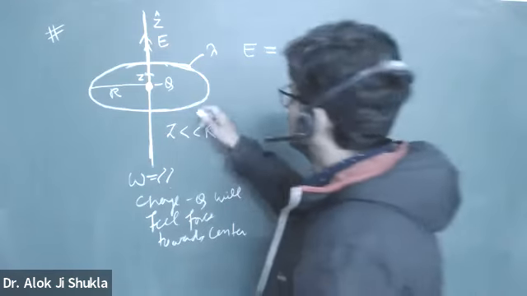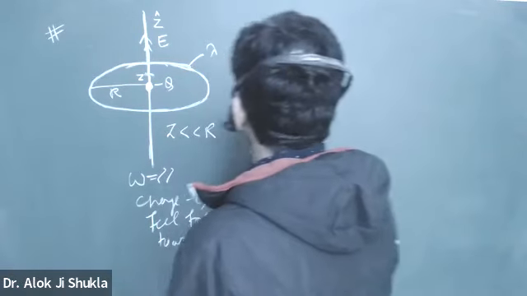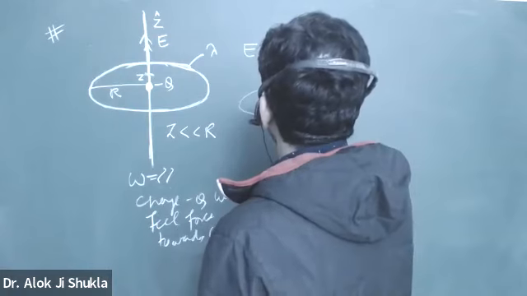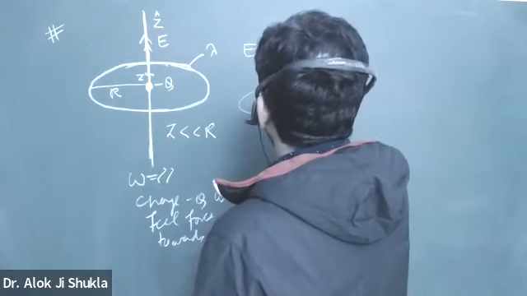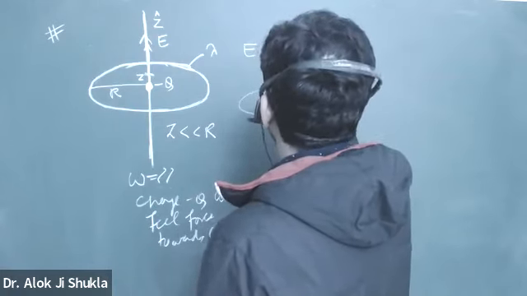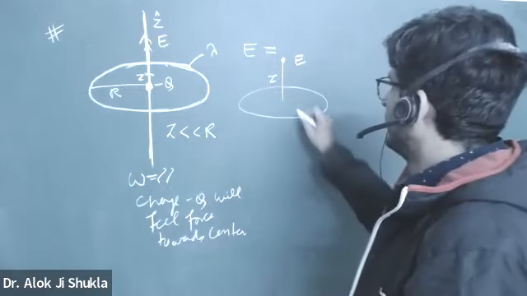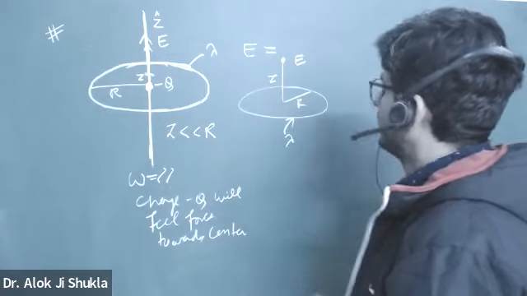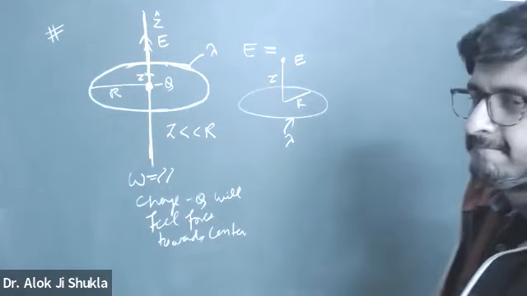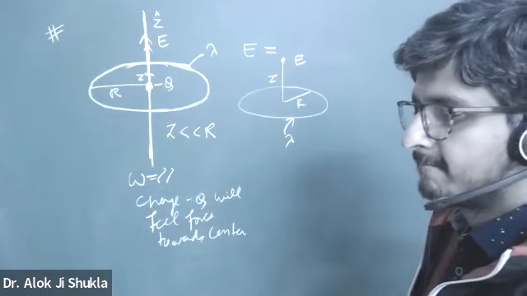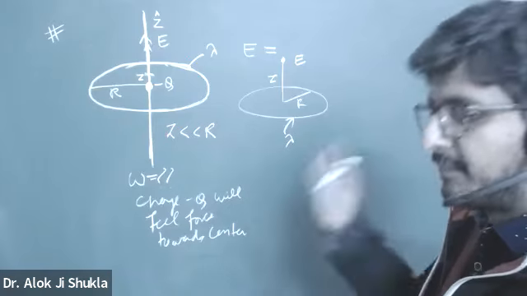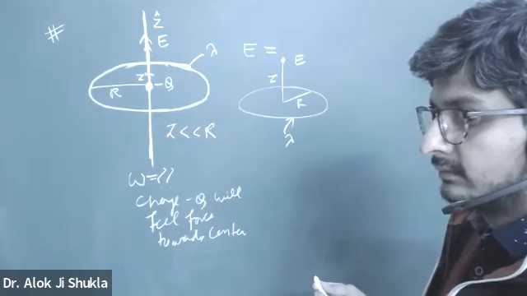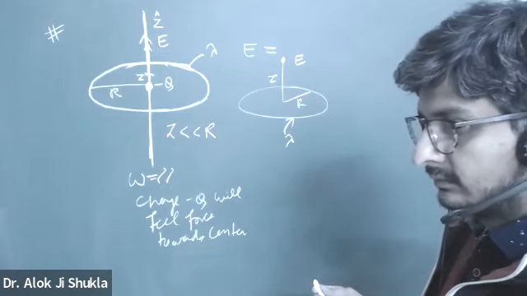So I will write, so suppose I have a ring like this and I just want to know what is the electric field here at point Z. This has got radius R and charge density lambda. ये problem हम लोगों ने किया है या नहीं? Yes, sir. पहले रिंग कराया फिर प्लेट का, sir. बोलो भाई.